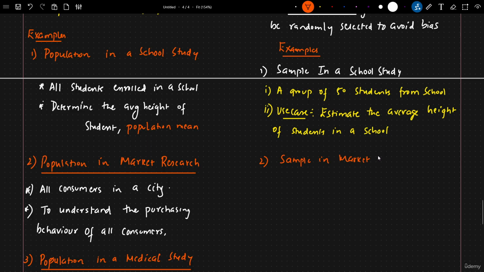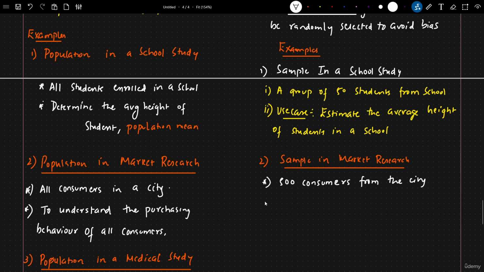In most scenarios, it is not possible to find all the consumers in a city. So we take, let's say, a sample of 500 consumers from the city.